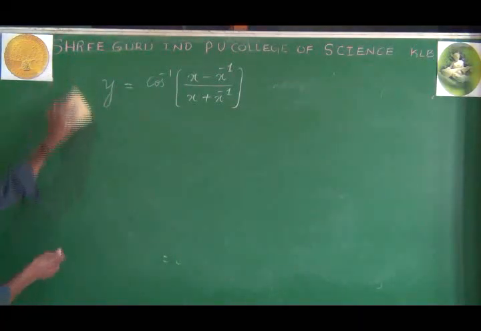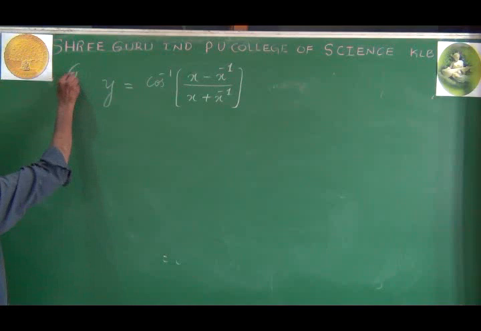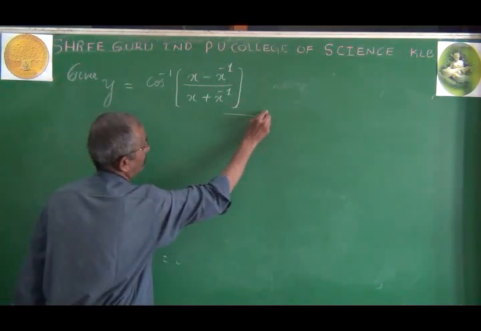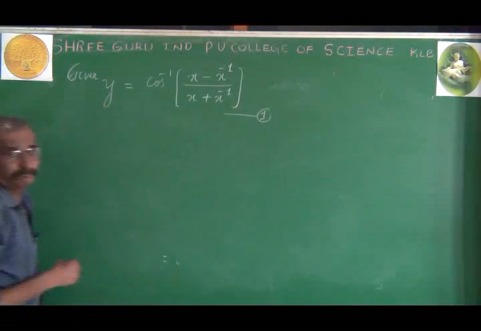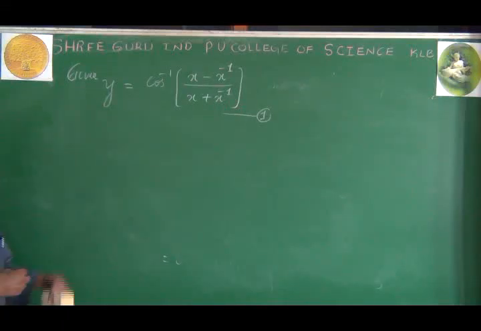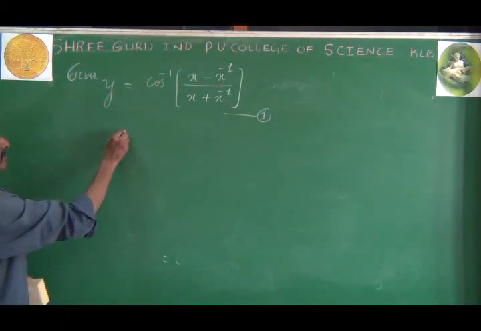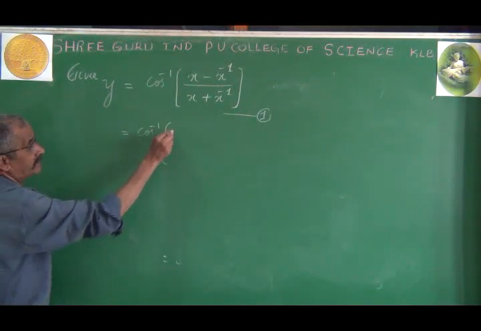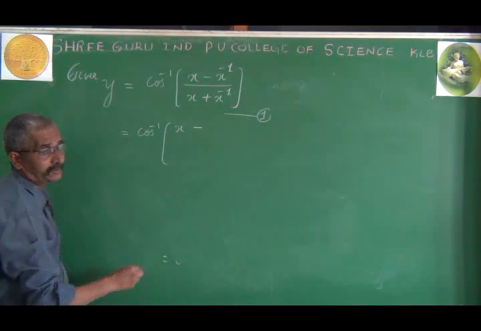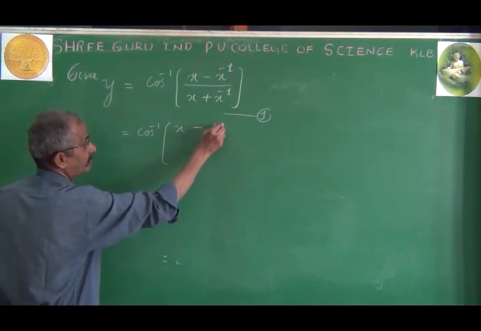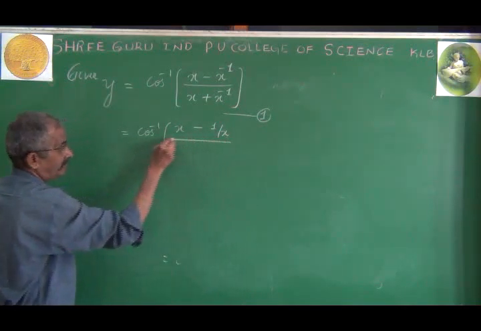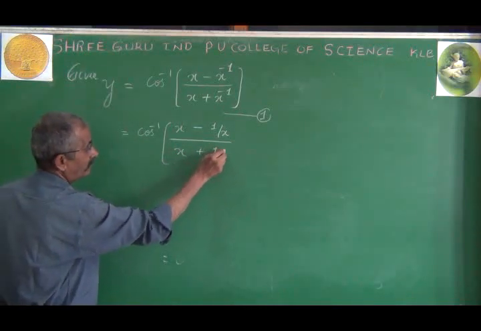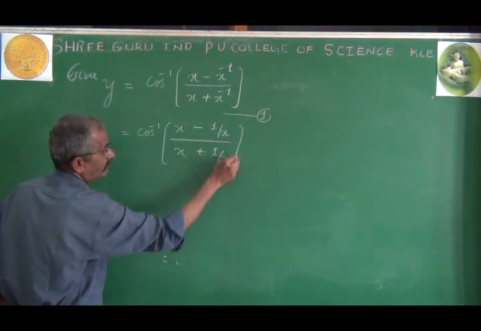Consider the given problem, y equals whatever, you call it as 1 if you want. Before taking substitution, we shall use some small algebraic steps. It is equal to cos inverse of (x minus x to the power of minus 1, which may be written as 1 divided by x) divided by (x plus 1 divided by x).